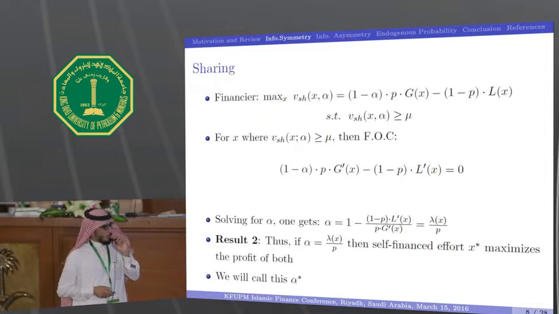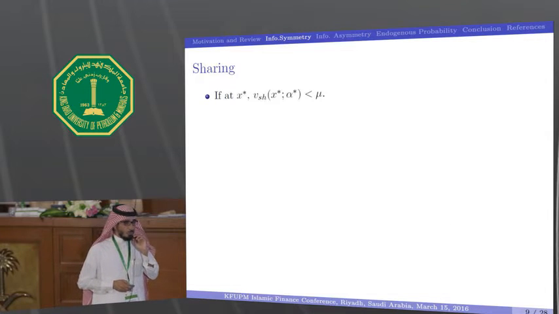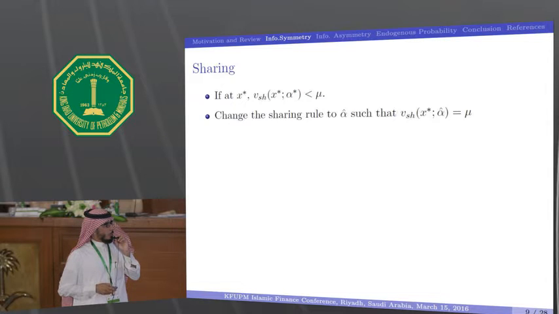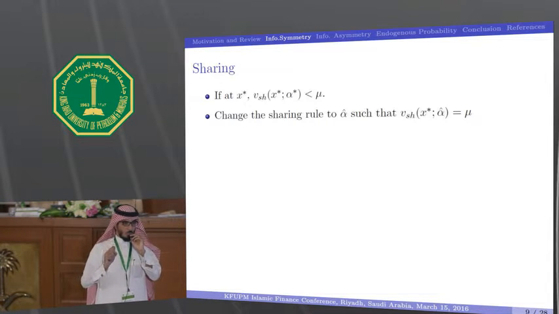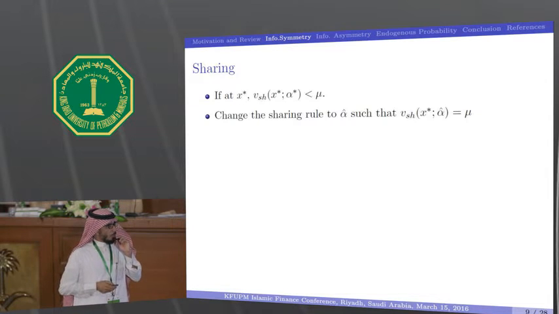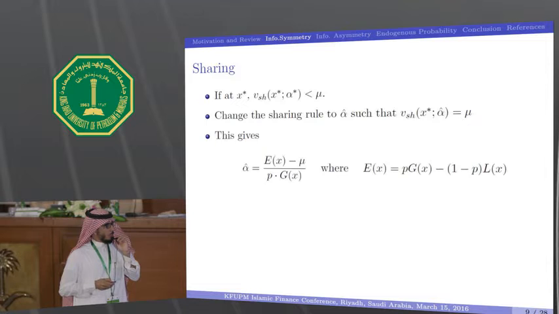We will call this the alpha star. Now, if the constraint is binding, then we will give the financier the sharing rule that satisfies the cost of fund, the opportunity cost. Then, using this relation, we find this alpha hat, the other sharing rule that satisfies this relation.